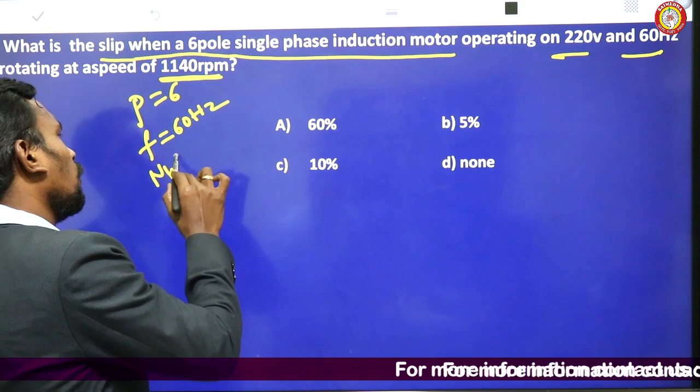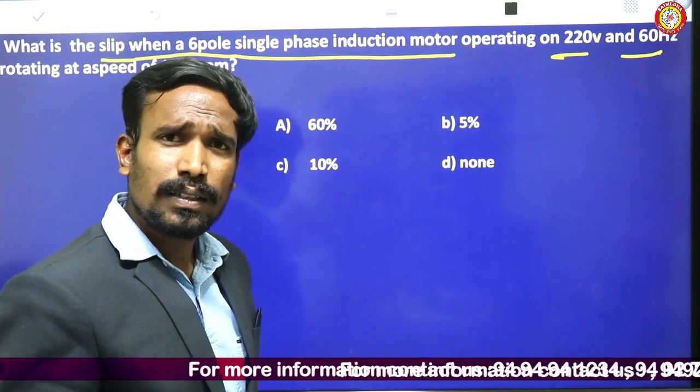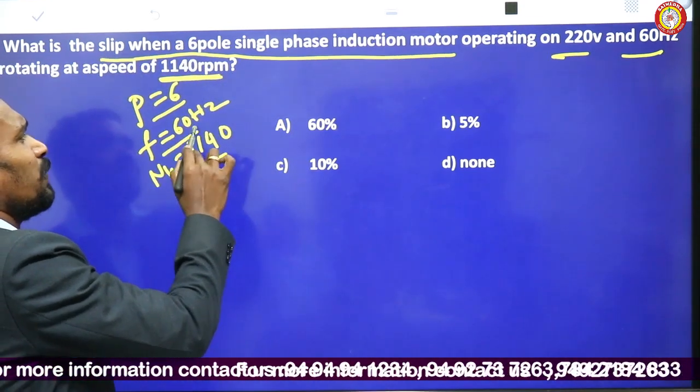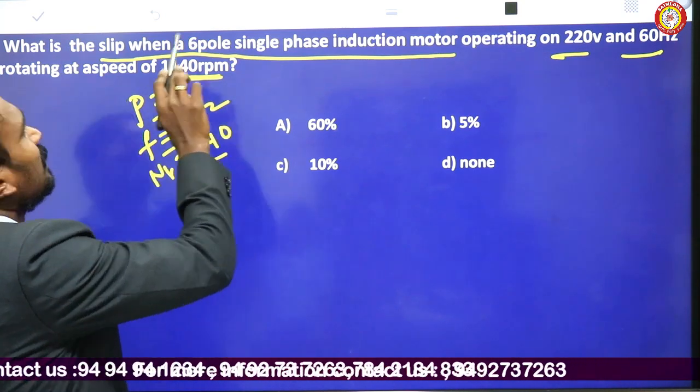They gave the rotor speed of 1140 rpm, the number of poles, and the frequency. Now they are asking what is the slip.